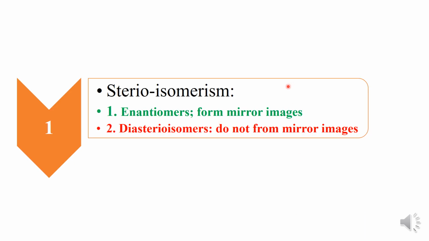Now we will discuss stereoisomerism in detail, which is of two types: enantiomers, which form mirror images, and diastereoisomers, which do not form mirror images. All types of isomerisms have one thing in common, and that is that their molecular formula is the same.